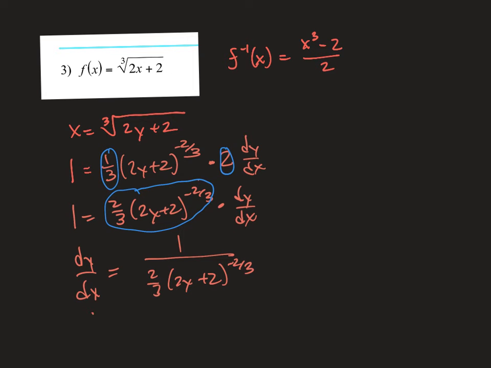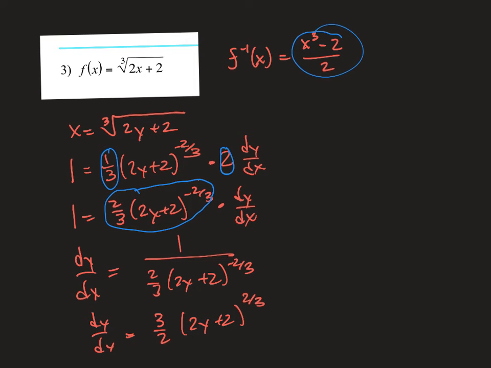When I do the reciprocal, that's dy over dx equals 3 over 2 times 2y plus 2 to the 2/3. And then what we'll do, remember, this is our inverse function. This is y, not this y, but this is the y in our inverse function.